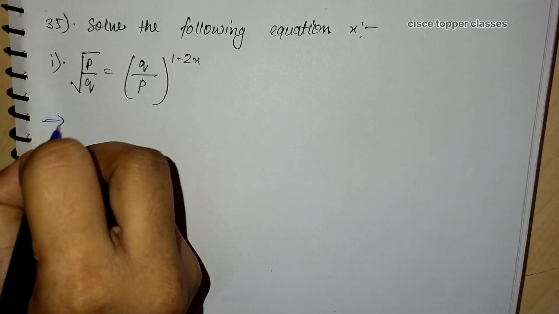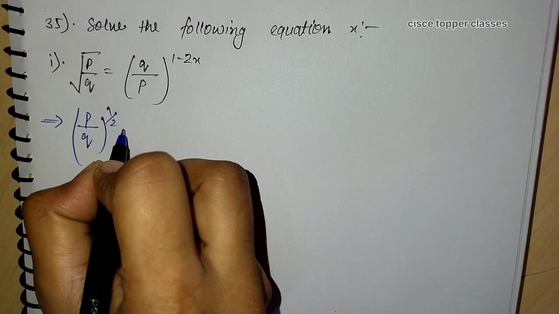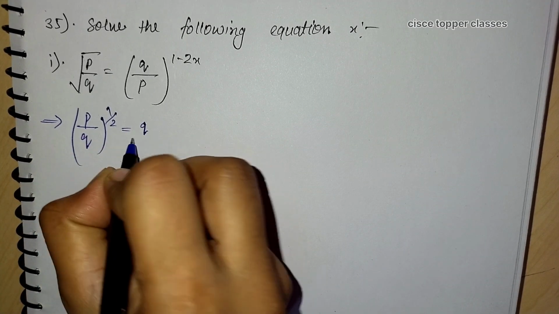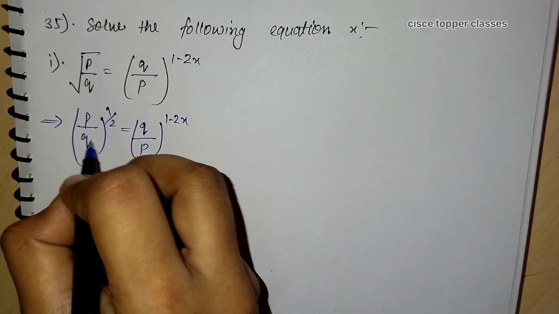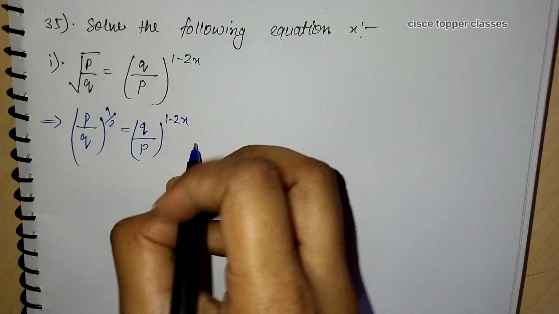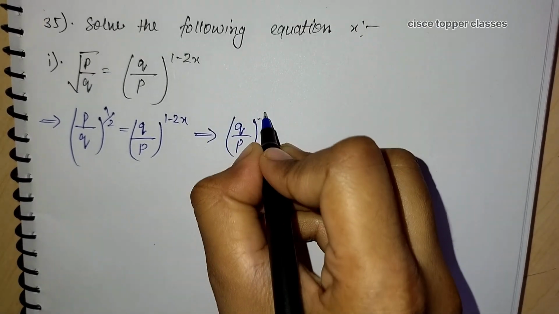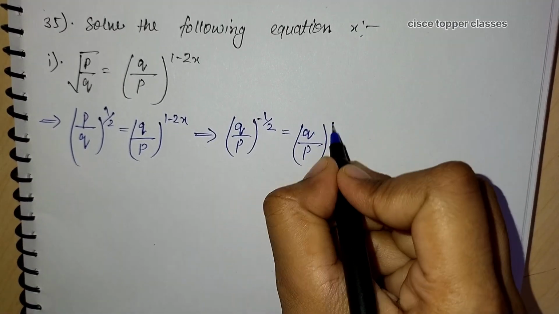We can simply write it as p by q to the power half equal to q by p to the power 1 minus 2x. To form it in the form of q by p, we can write it as q by p to the power minus half equal to q by p to the power 1 minus 2x.